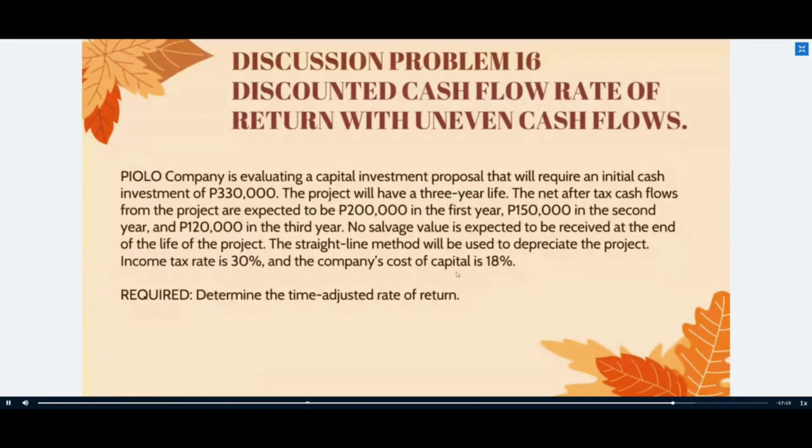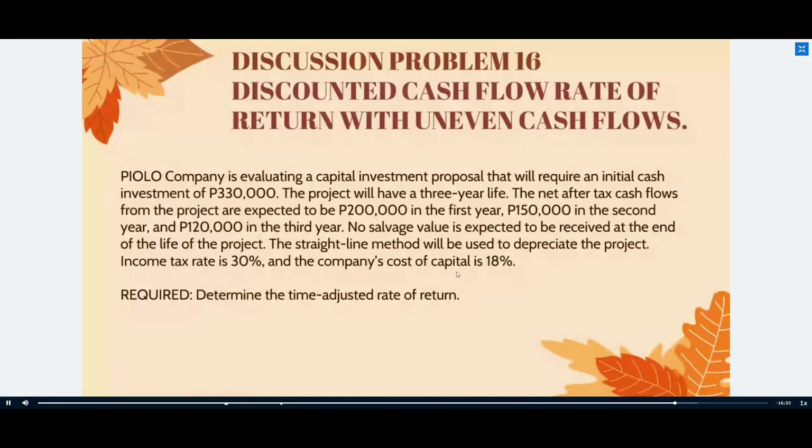Time-adjusted rate of return is simply your discounted cash flow rate of return. It's just a different terminology so that you'll be familiar with different naming conventions.